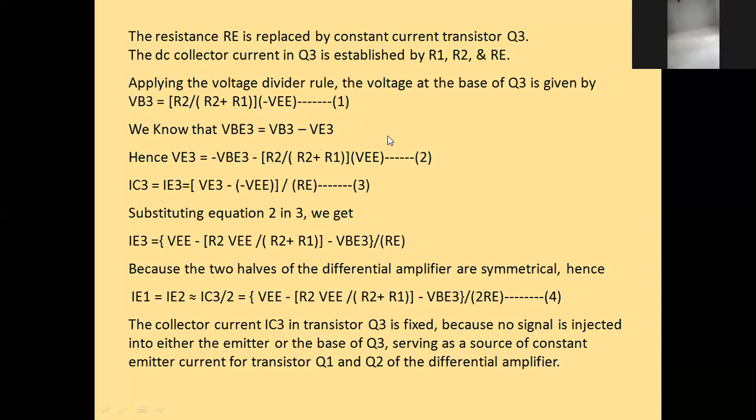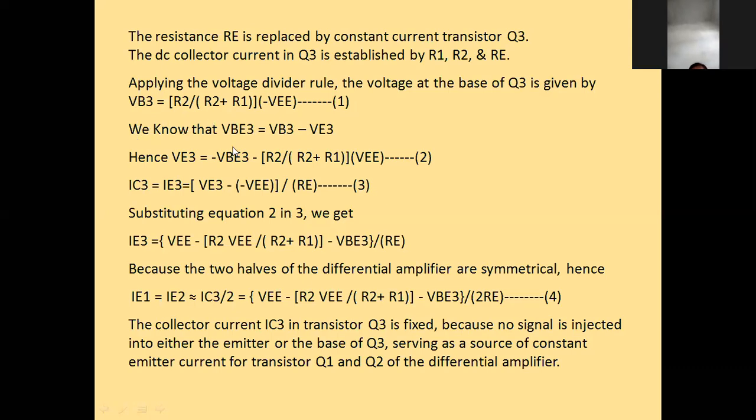In general, the voltage divider formula is written as V1 is equal to R2 divided by R2 plus R1, into V. Here, instead of V we have minus VEE, and instead of V1 we have VB3. So with respect to the voltage divider rule, we obtained equation 1.